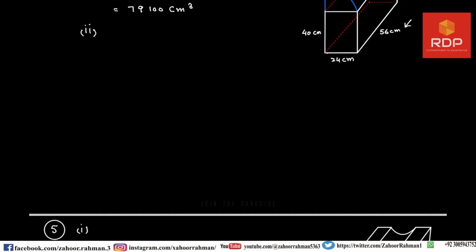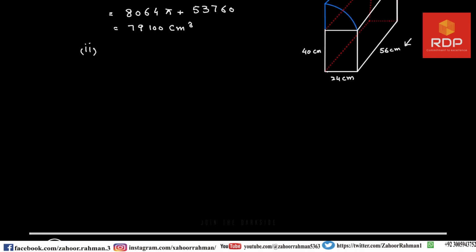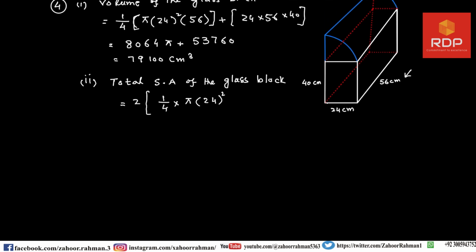Next, we have to find the total surface area of the glass block. The total surface area of the glass block is equal to 2 and then 1 over 4 pi r square, which is 24, and that is 1 over 4.